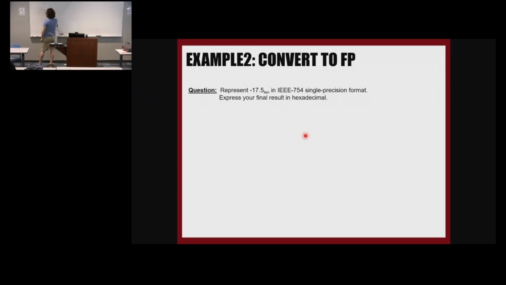Yes. We move the binary point 1, 2, 3, 4, 4 spaces to the left. So we shift everything right 4 times. The exponent is 4 plus the bias of 127.